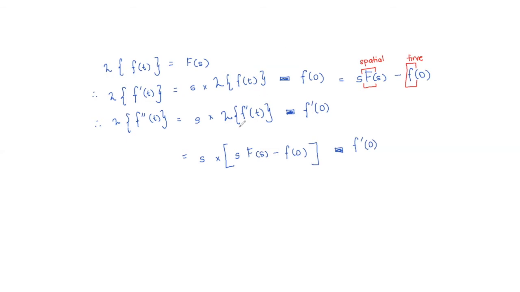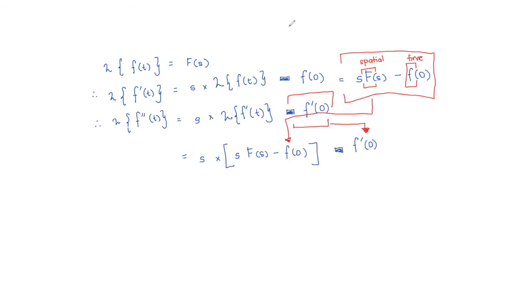Now, if you're wondering how I derive this, let's have a look at the definition of the Laplace of f prime t. So we substitute this into here, and let's not forget to bring the negative initial value of the first order derivative at the last part.